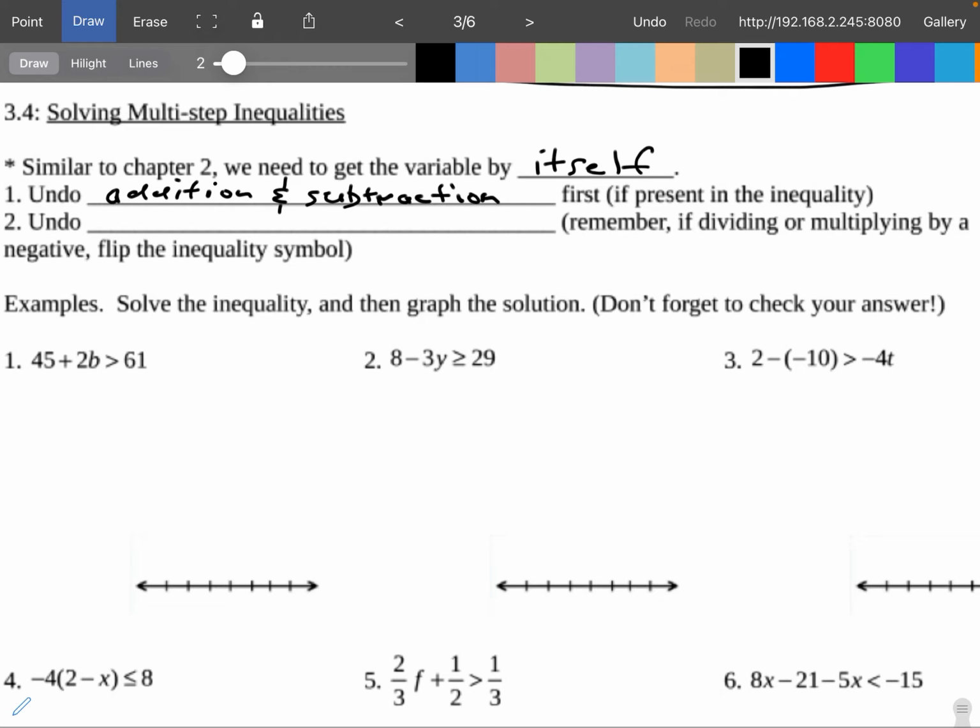All right, and then what would you undo next? Go ahead, Dewan, say it again. Yeah, multiplication and division. So then we would undo the multiplication or division.